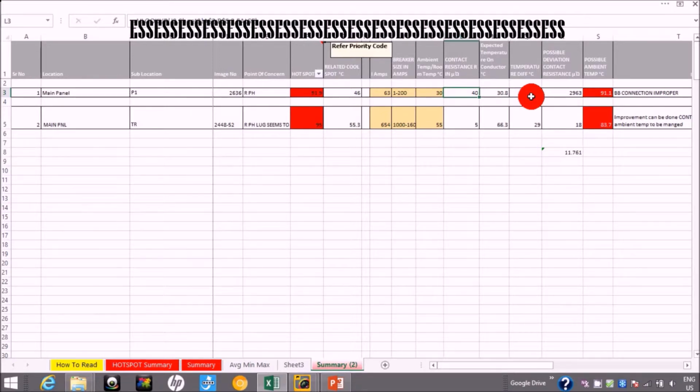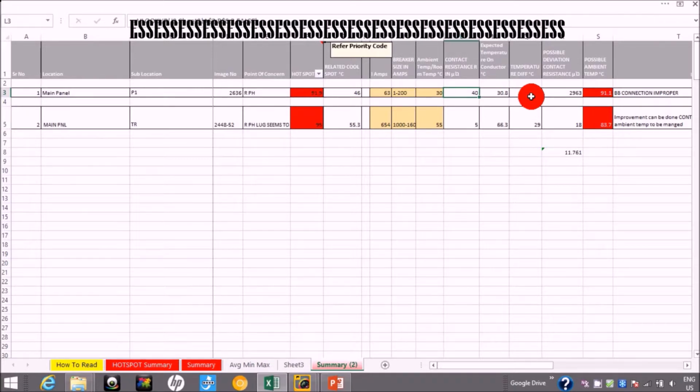Then these two things explain whether the contact resistance is the culprit or the possible ambient temperature is the culprit. So if the ambient temperature goes above 40, it automatically comes in red, because it is hardly possible that the ambient temperature crosses 40 degree. So that we have mentioned. So the culprit then becomes contact resistance, and everything is done right.